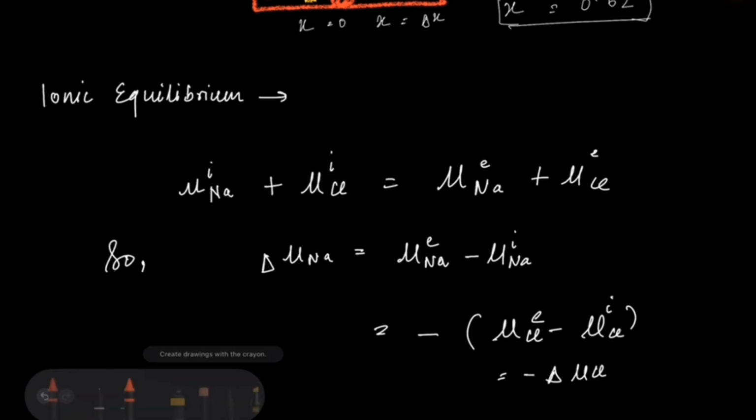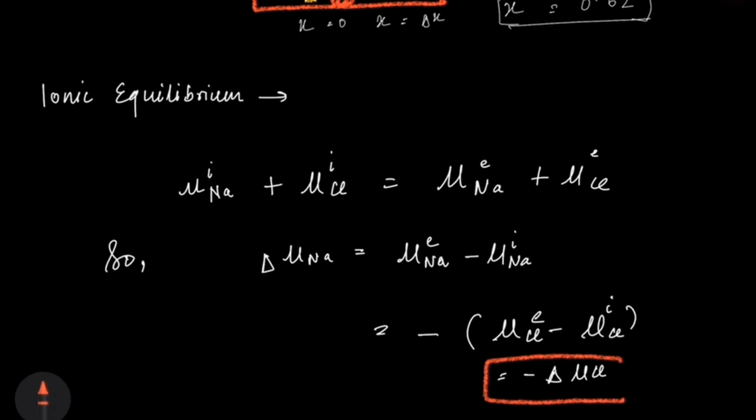Now, with the help of the Nernst equation we can derive a formula which is psi equals RT by F, where F is the Faraday constant, R is also a constant, and T is the temperature, times ln of PK plus PNa, where PK is for potassium, PNa for sodium, and PCl for chloride.